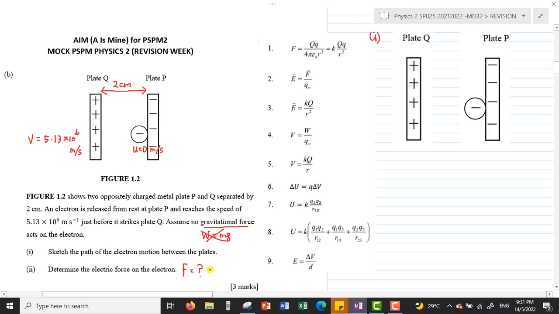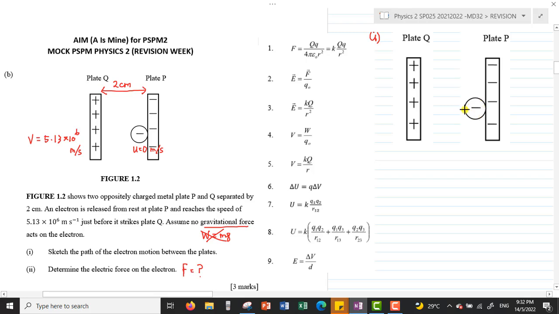Okay, so how we are going to know what is the path of motion for this electron? First, we have to identify the direction of the electric force acting on the electron. So electron is negatively charged.